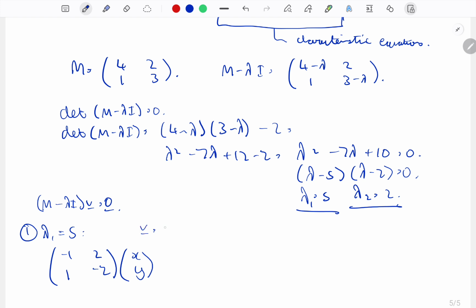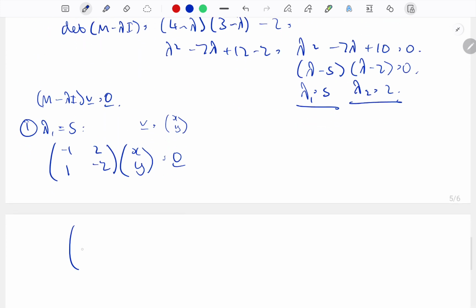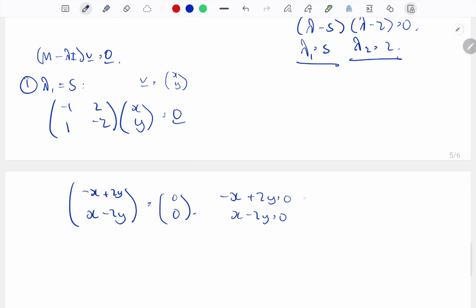Multiplied by x, y, where v is equal to x, y, is equal to 0. So you get minus x add 2y, x take away 2y equals 0. Both result in 2y is equal to x, y is equal to 1/2 x.